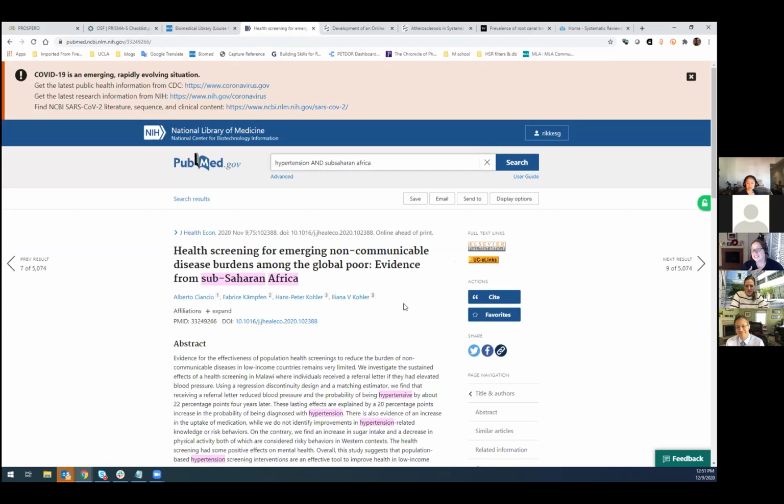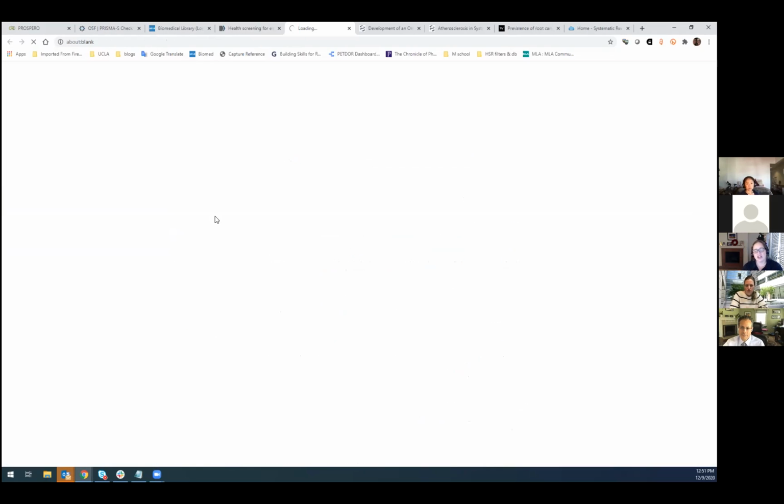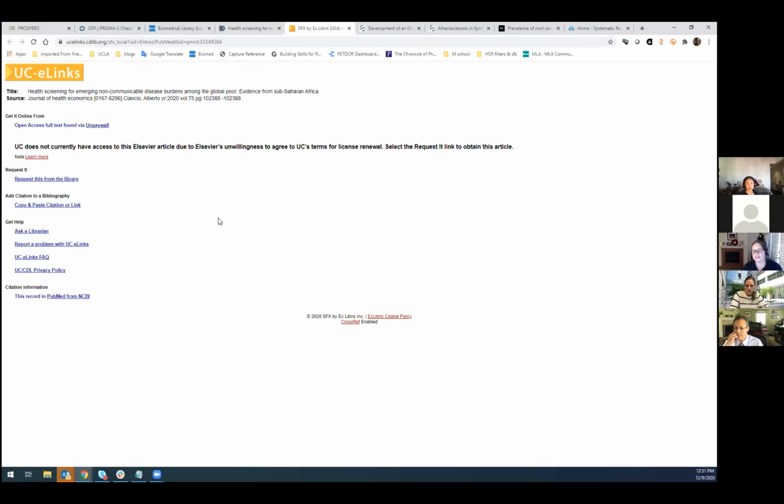We have access to many articles in the biomedical library and at UCLA in general. This UC eLinks button is what shows up when you use that PubMed at UCLA link. And that UC eLinks will tell you whether or not we have full text access to the article. So it says, hey, we don't have an Elsevier license right now.